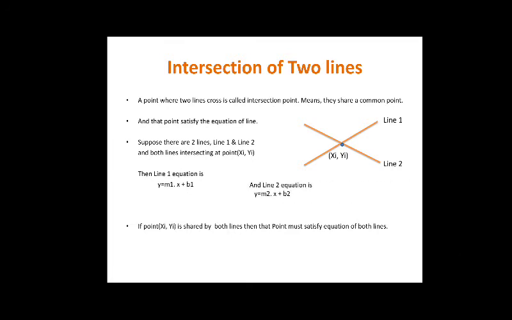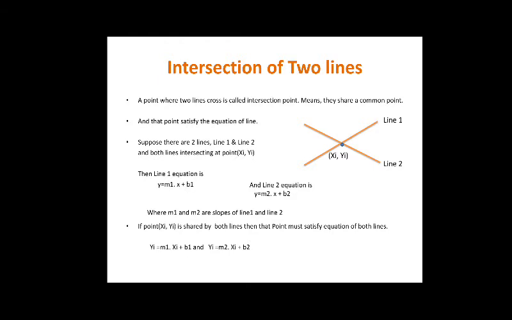So these are the two equations of a line, and whenever I have to find the value of xi and yi, this xi and yi should satisfy the equation of both lines, right? Here m1 and m2 represent the slopes of line 1 and line 2. So if the point (xi, yi) is shared by both lines, then it should satisfy the equations of both lines.